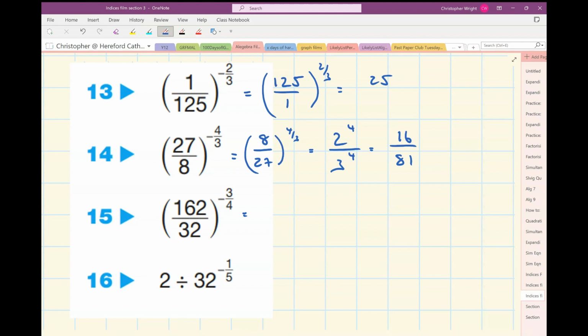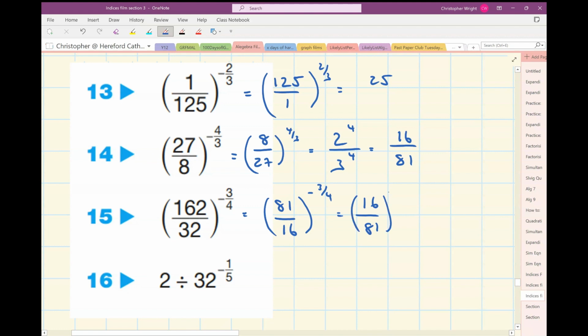Wait a moment. Can you see how you can cancel this fraction before you do anything else? 81 over 16 to the power of minus 3/4. So that is 16 over 81 to the power of 3/4. So that's the fourth root of 16, 2 cubed, over the fourth root of 81, 3 cubed. So that's 8 over 27.